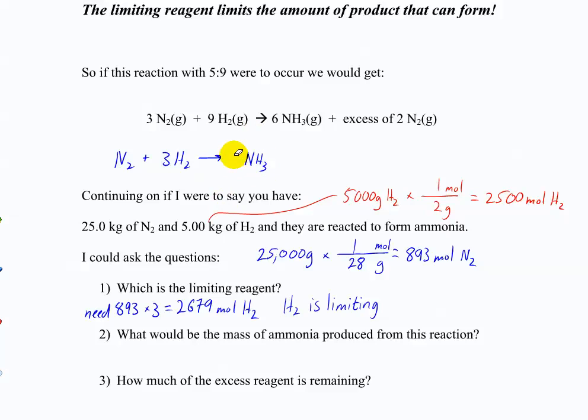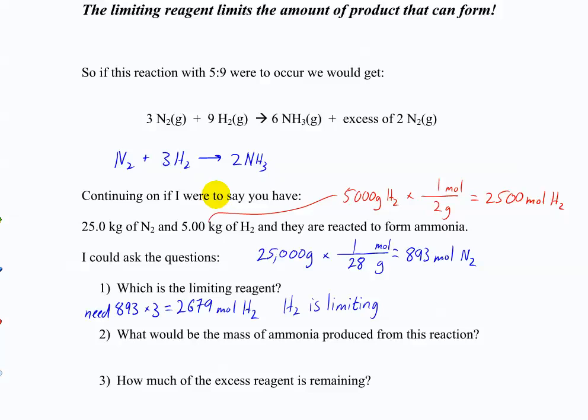Whoops, that's not right. So it's 1 to 3 to 2. We're going to use one of these numbers, either 893, 2,500, or 2,679 to figure out how much ammonia we're going to make. Why 893? Why 2,500? That's the limiting one.